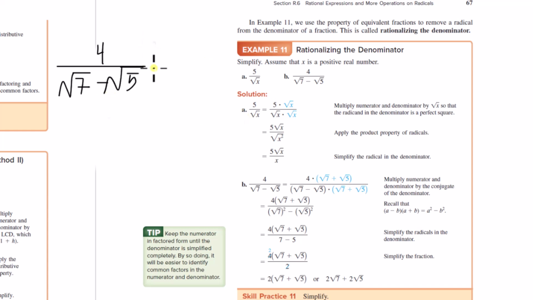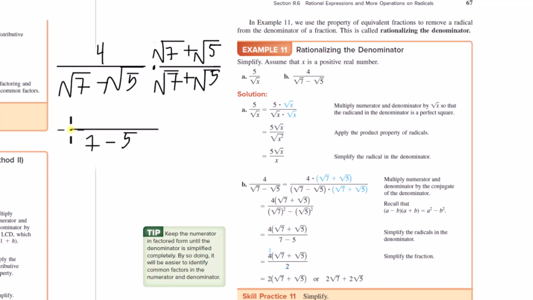Well, okay, we can take advantage of the conjugate here. So if you multiply by 1 in the form of the conjugate of the denominator, then what's going to happen? Well, we know the conjugate comes out to be a squared minus b squared. And so if we square these, the square root of 7 squared gets rid of the radical. So you're left with 7 minus 5 in the denominator.